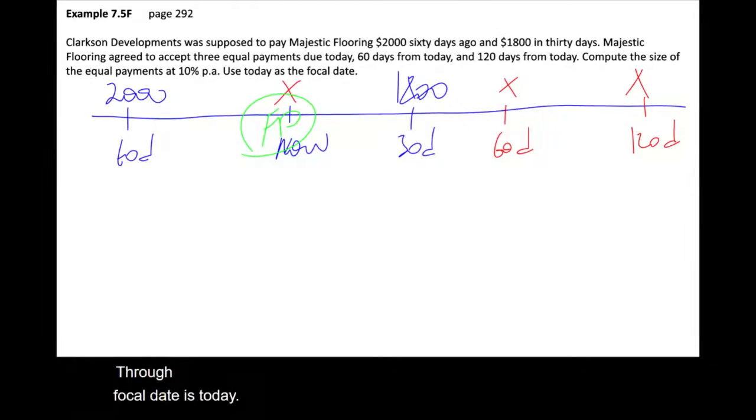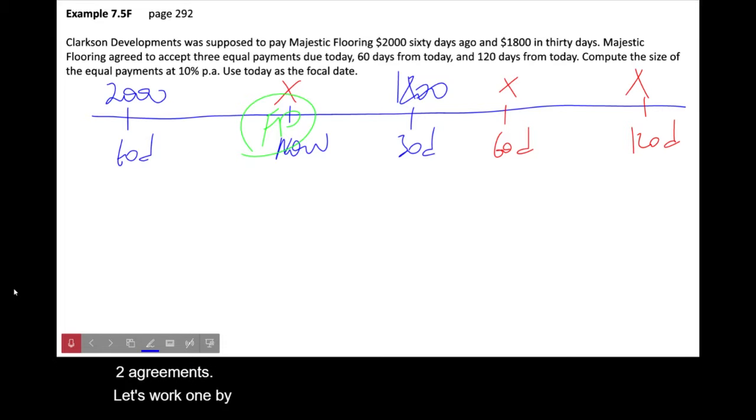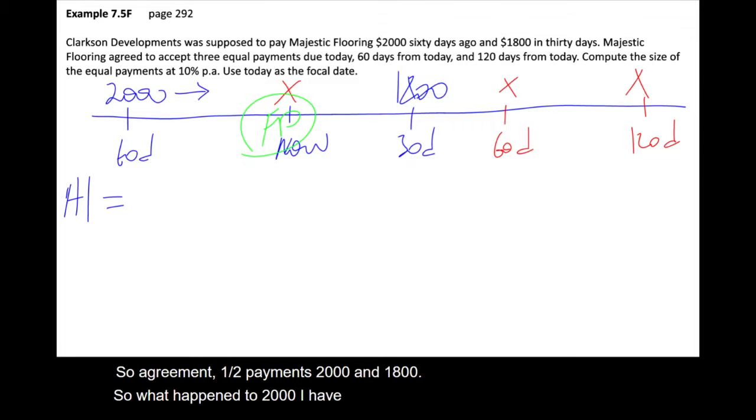Does everyone understand the question, guys? Yes, I do. Okay, very good. So, 2 agreements. Let's work one by one separately. So, agreement 1, 2 payments, 2,000 and 1,800. What happened to 2,000? I have to move it to the right.